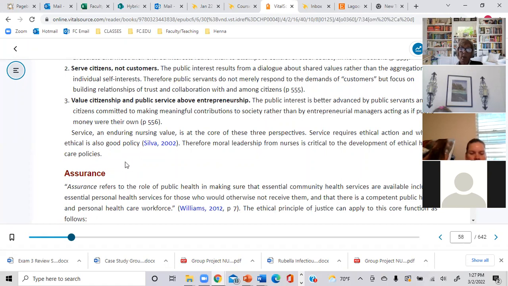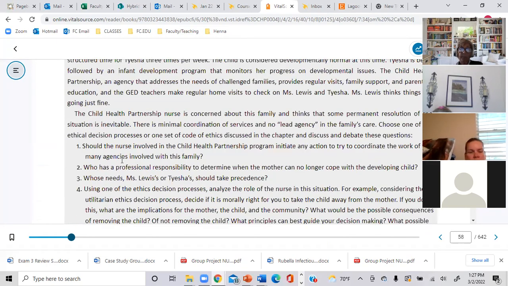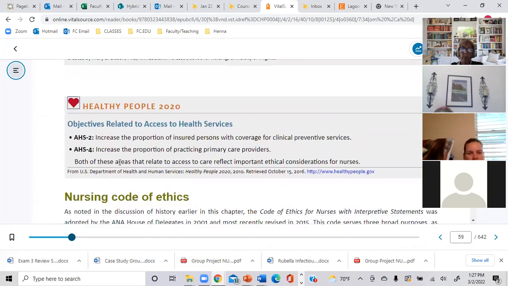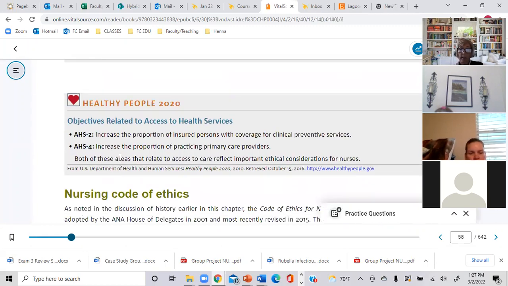This section talks about how you apply your ethics standards with these 3 core functions. Your Healthy People 2020, here it is, page 58. So I need you to review that. What are the 2 objectives related to access? And access is your 3rd core function, which is assurance that people have access to care.